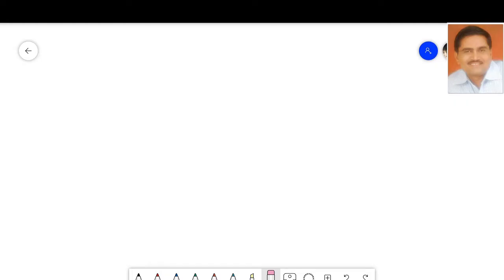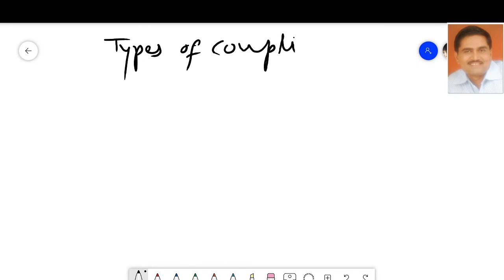Okay friends, after the discussion of homotopic protons, enantiotopic protons and diastereotopic protons, we will see the different types of coupling and their notation.